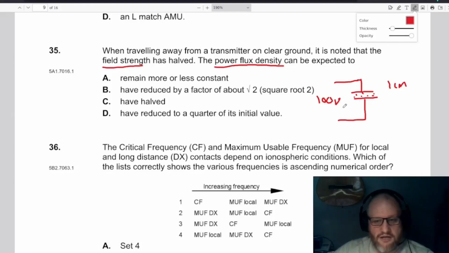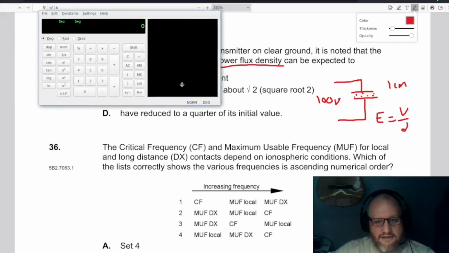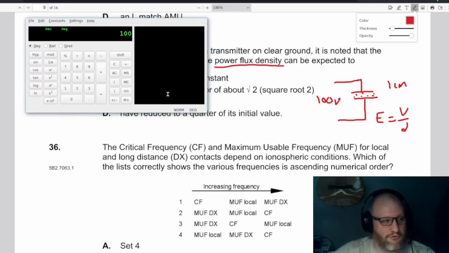We'd use an equation E, which represents the electric field, equals V over D, where V, we always use V for voltage, and D represents the distance we're talking about. So let's take our calculator: 100 volts divided by 1 centimeter, so let's do 1 divided by 100 to represent our 1 centimeter, and that gives us a field strength of 10,000 volts per meter.